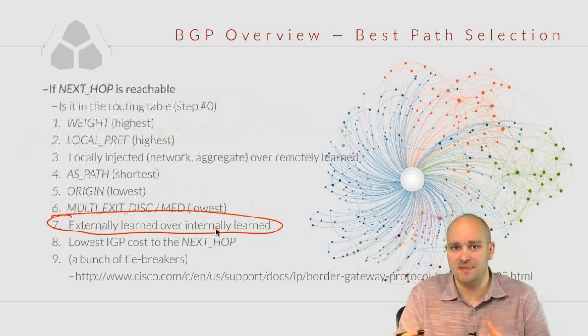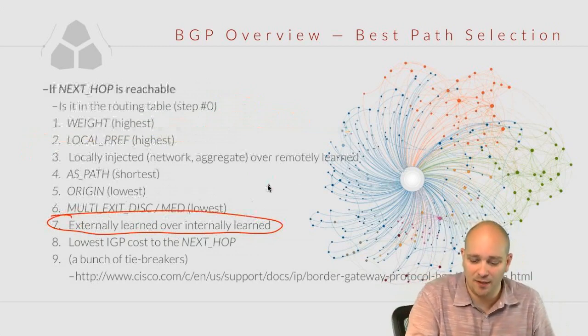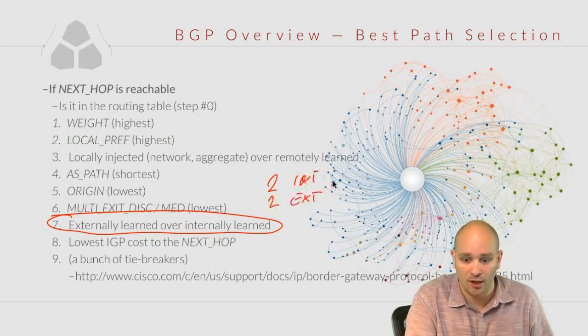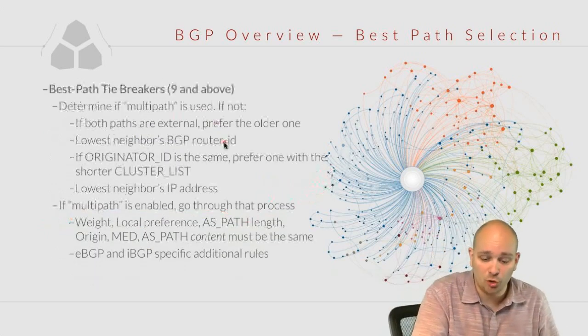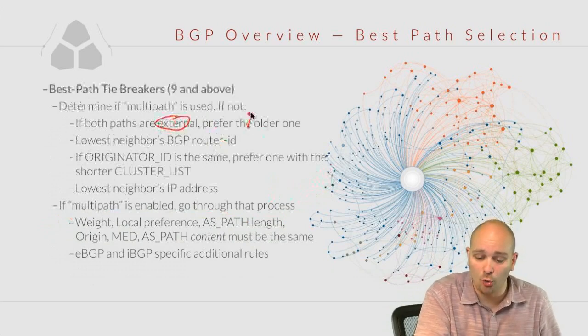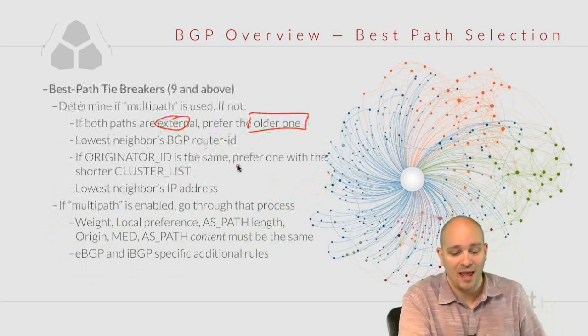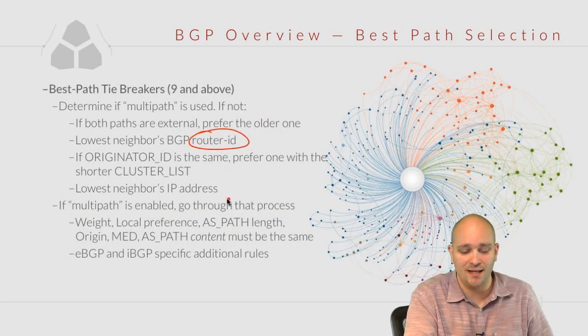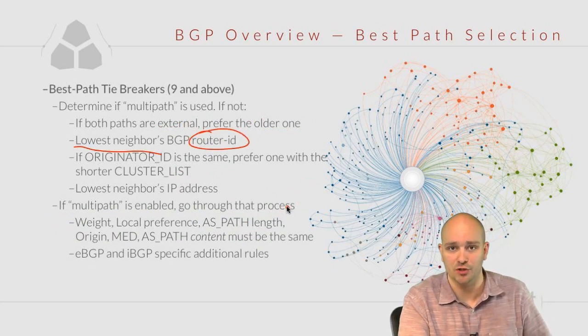So beyond step 7, the only thing that can happen is that we have two internal routes or two external routes. If we are dealing with two external routes, the older route will be preferred. But if we are comparing two internal routes, then the BGP router ID of the neighbors will be considered.